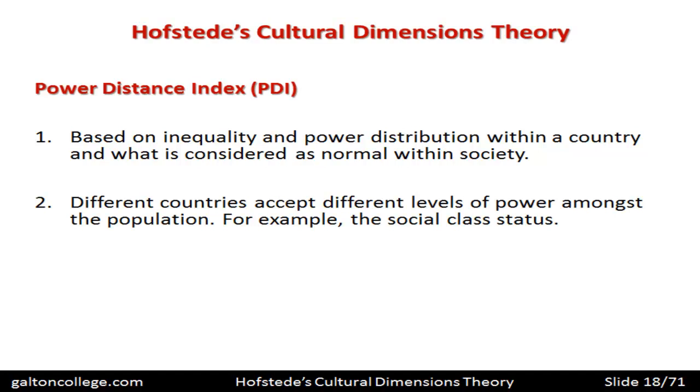Different countries accept different levels of power amongst the population, for example, social class status. And it's almost fair to say that every country has got a power distance index which is positive. It's positive in the sense that it is capable of measurement.